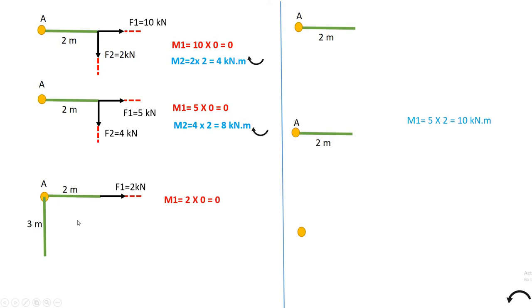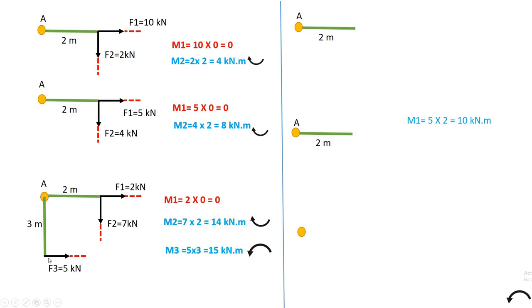Moment of this force, 0. Moment of this force, it is 7 into 2, 14, and clockwise in nature. Moment of this force, it is 5 into 3 and anti-clockwise in nature, 15 kilonewton into meter.